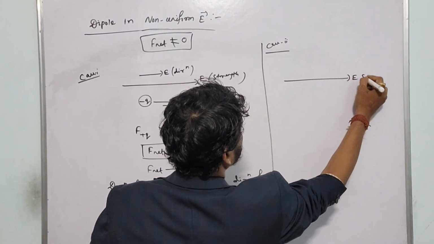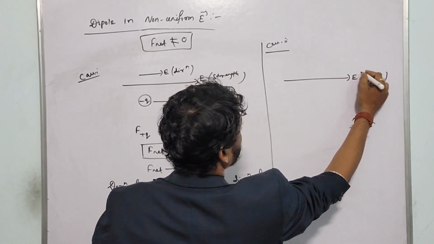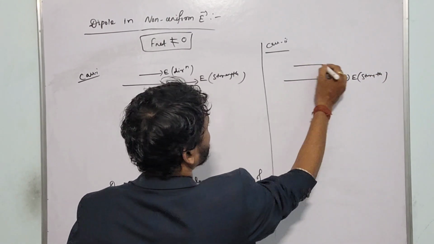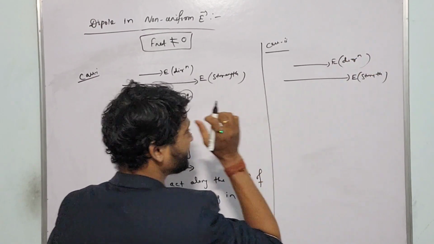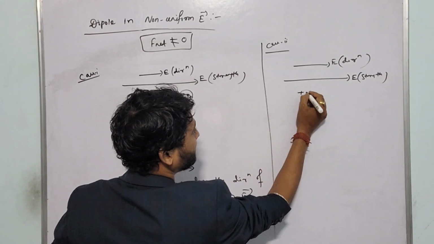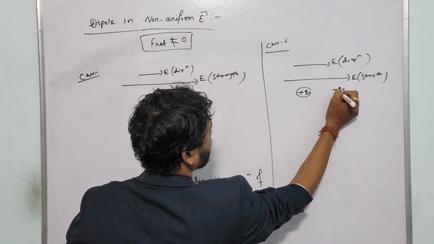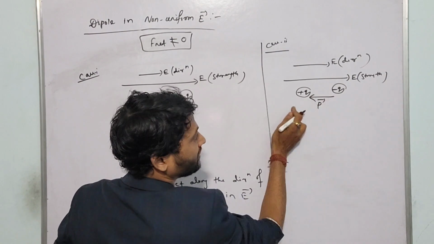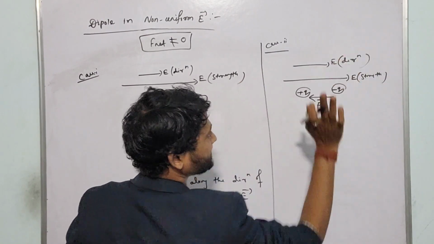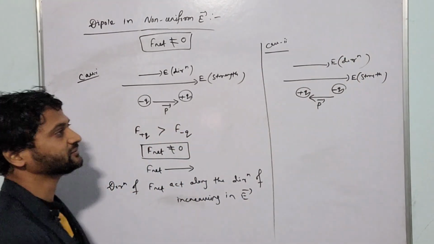Now we can take another case. Same electric field, and the strength also increases from left to right since it is non-uniform, and the direction of the electric field is also from left to right, as we have assumed. Now if we keep a dipole in this way, like the dipole moment का direction देखो, it is opposite to the direction of the electric field, then what will happen?